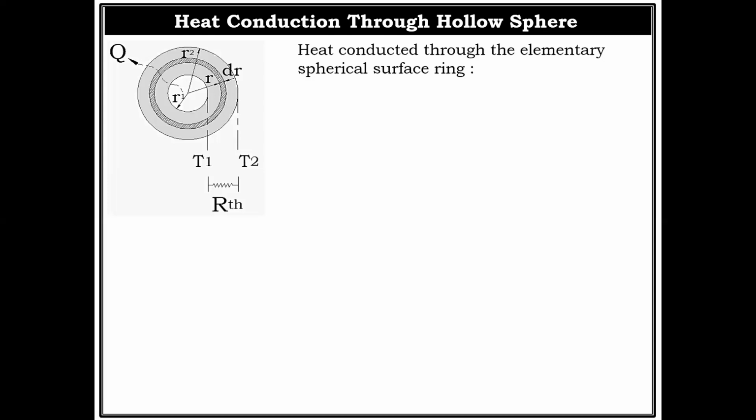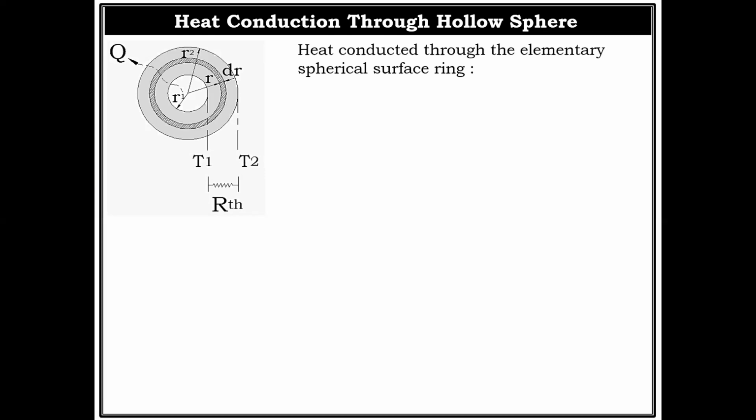So surface area is not constant, so we have to consider one elementary ring and derive the equation, and that equation we will integrate within a limit from inner surface to outer surface. Then only we can reach the final form of our equation for hollow sphere.